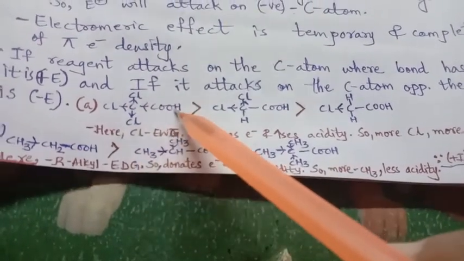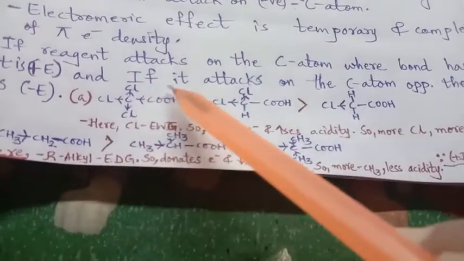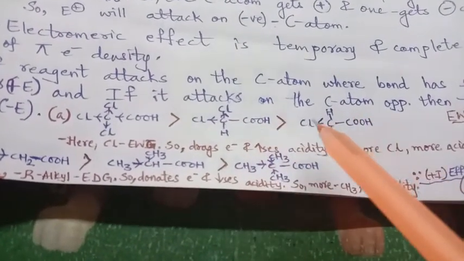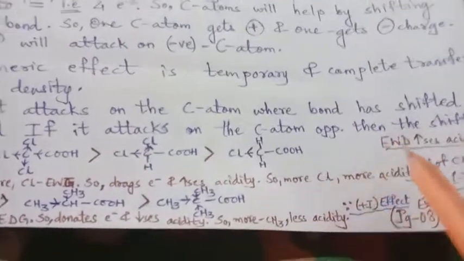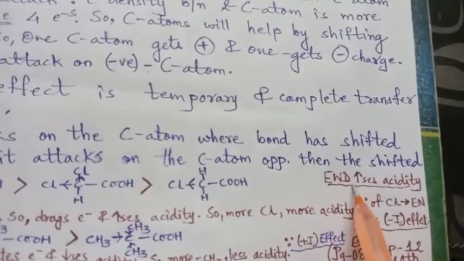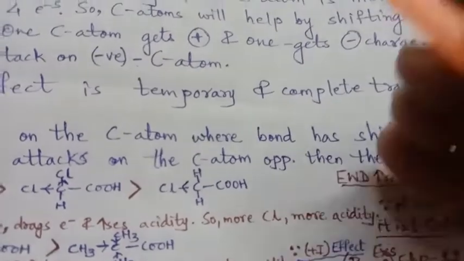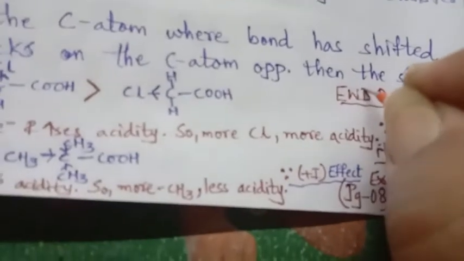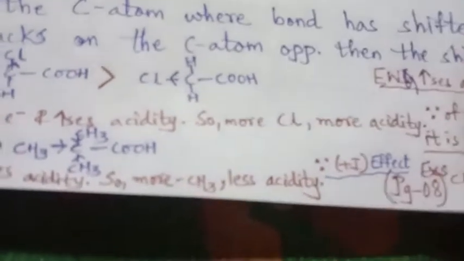CCl3COOH, that is a carboxylic acid. Here 2 Cl and carboxylic acid, here 1 Cl and carboxylic acid. Now EWG, electron withdrawing group, sorry, by mistake I have written D here, but it should be electron withdrawing group.